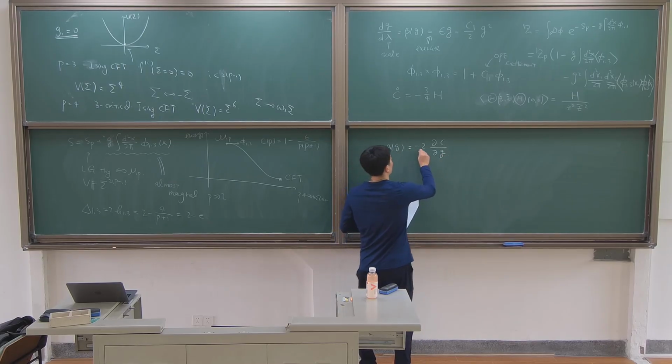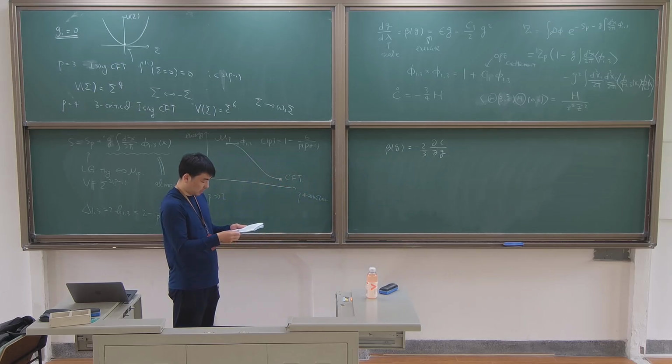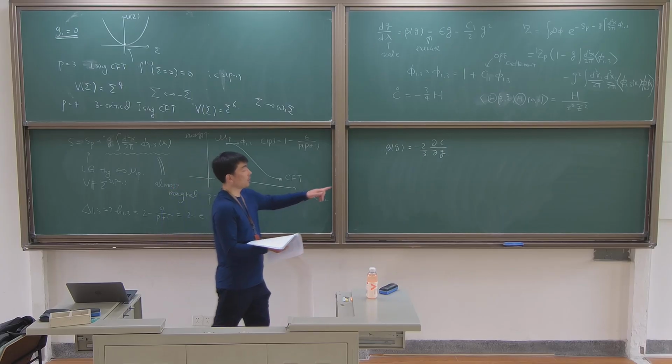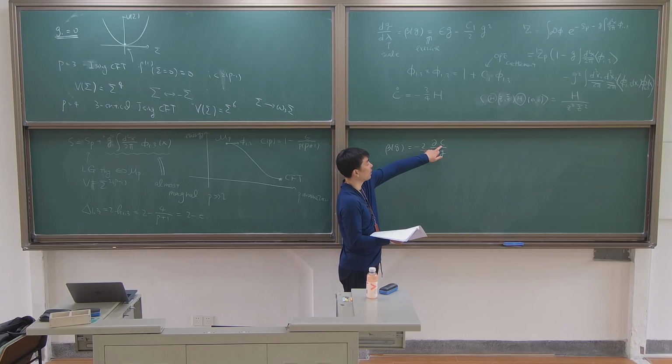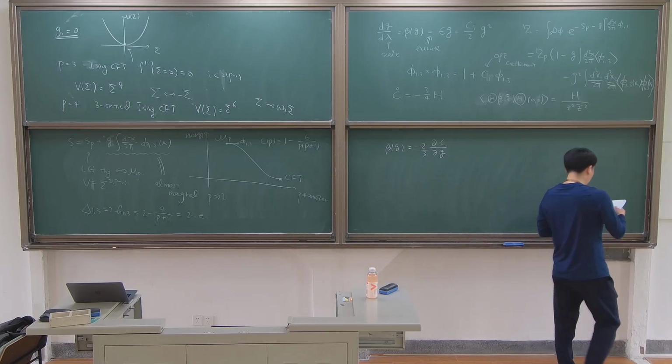The gradient flow of this function C is given by this beta function.